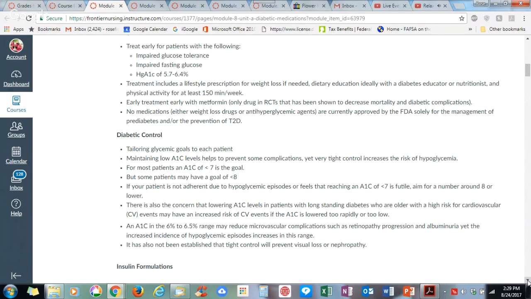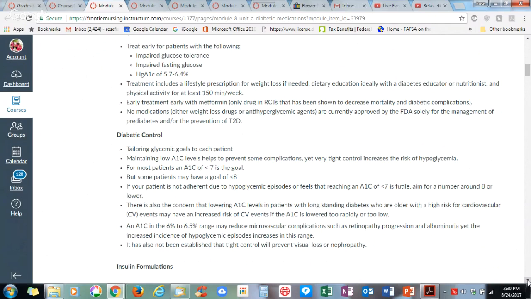Early treatment with metformin, the only drug in RCTs that has been shown to decrease mortality and diabetic complications. No medications, either weight loss drugs or anti-hyperglycemic agents, are currently approved by the FDA solely for the management of prediabetes and/or the prevention of type 2 diabetes.